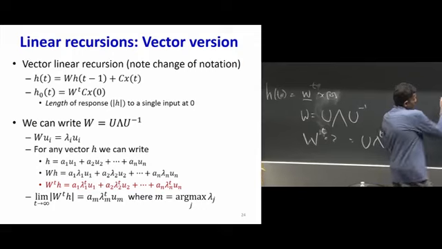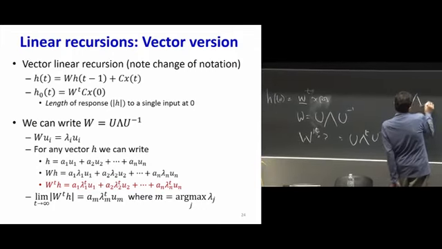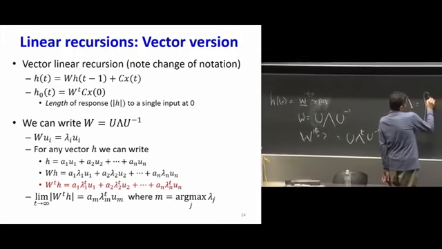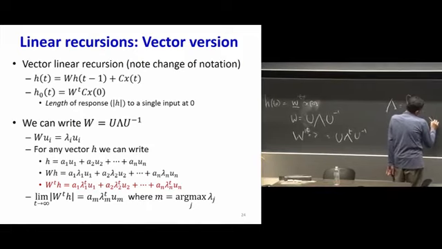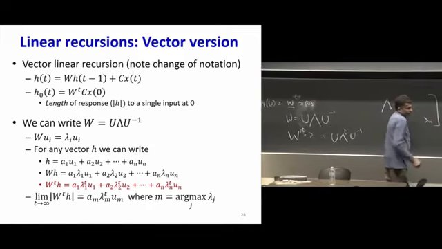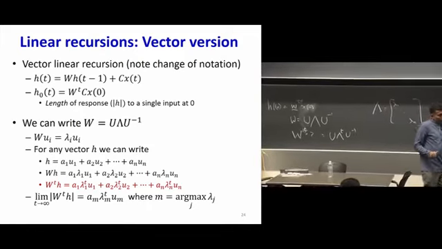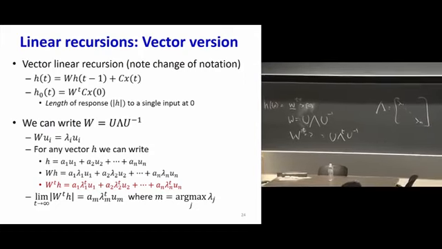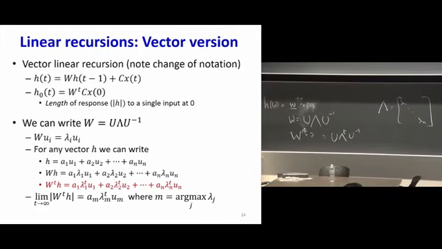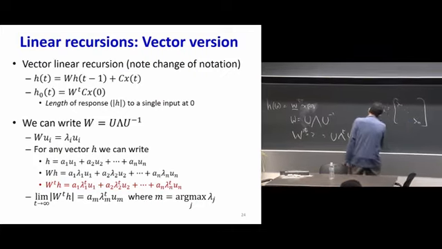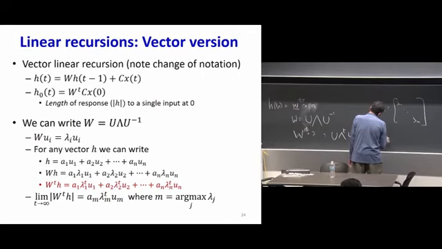Lambda is going to have this structure, where the individual lambdas may be scalar, real, or occur in complex conjugate pairs. So what would happen to lambda to the t as t tends to infinity?